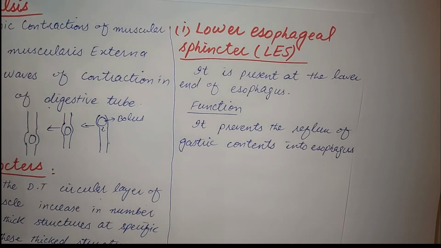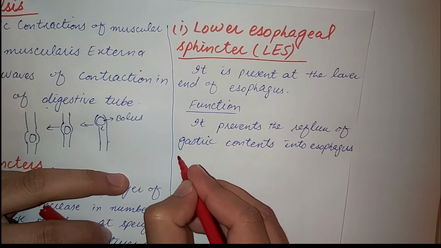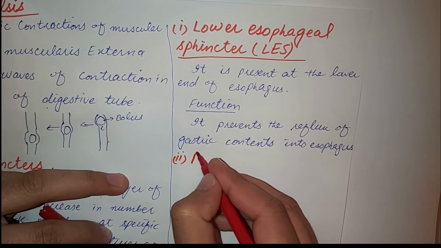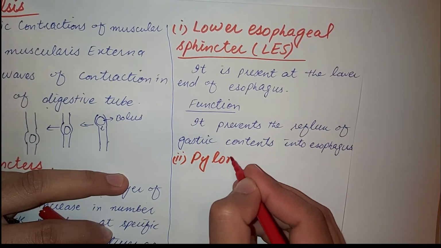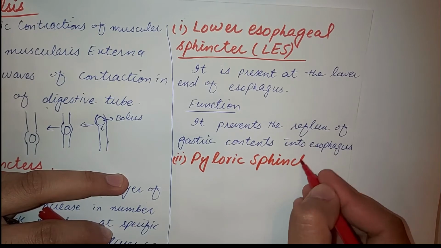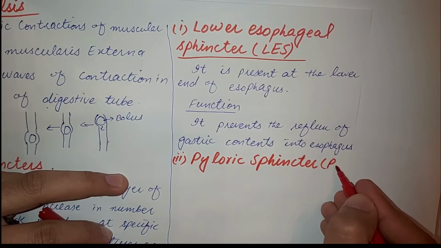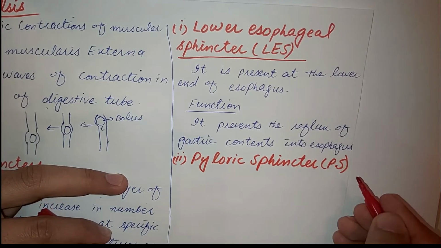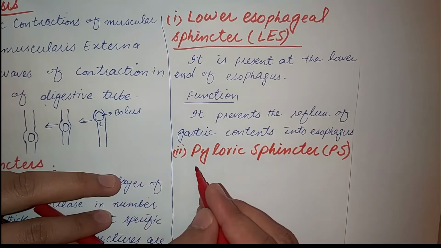Now we will discuss the second sphincter, which is the pyloric sphincter, abbreviated as PS.